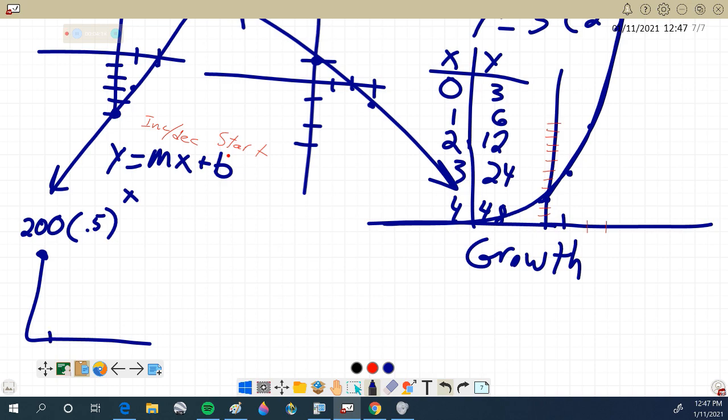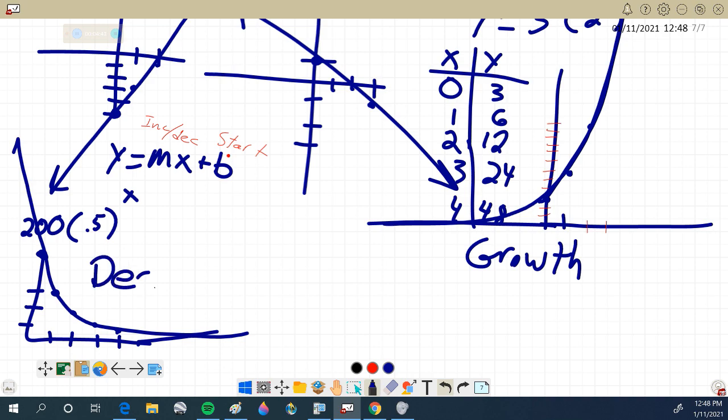It shrinks to 100. And then what happens when I multiply that by 0.5? Shrinks to 50. And then that one goes to 25. And then the next one is 12.5. And I get this. That is called exponential decay.